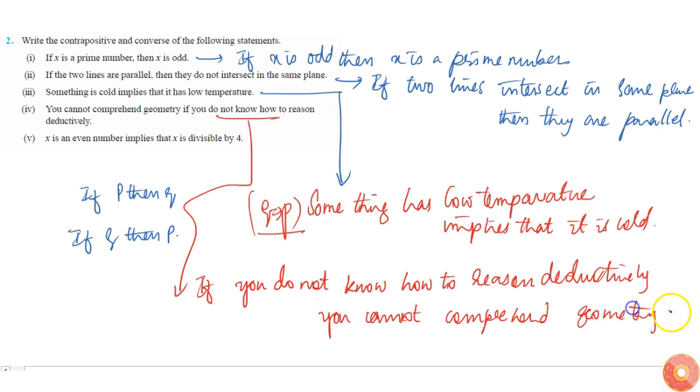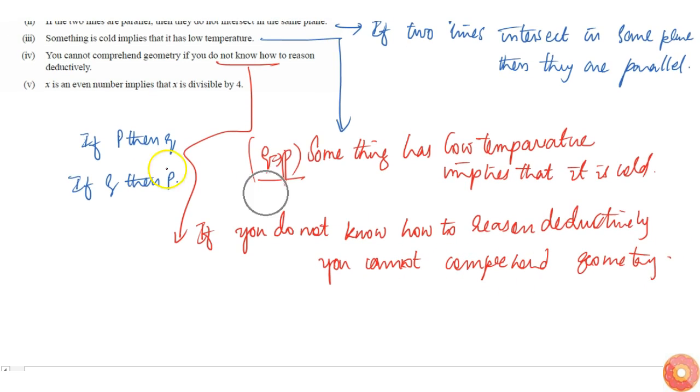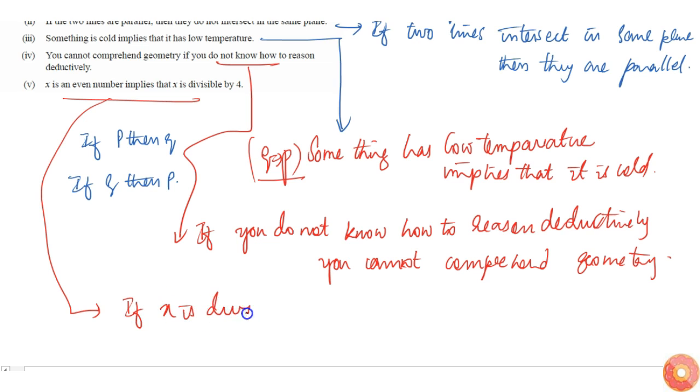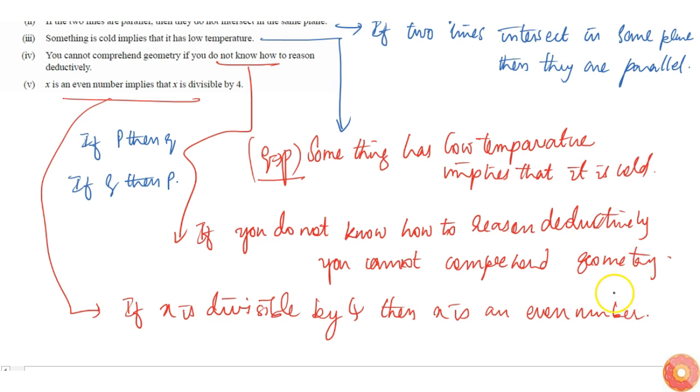So you might have got the hang of doing this. I'll write the final answer too. As you are expecting, the answer is: if X is divisible by 4, then X is an even number. So these are the converses of the given statements. Previously I wrote the contrapositives.